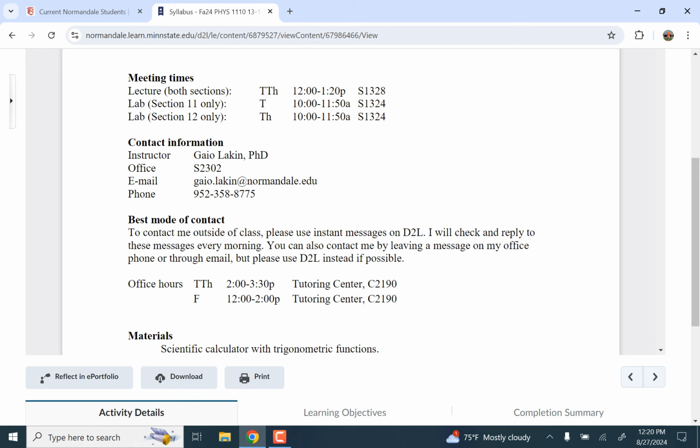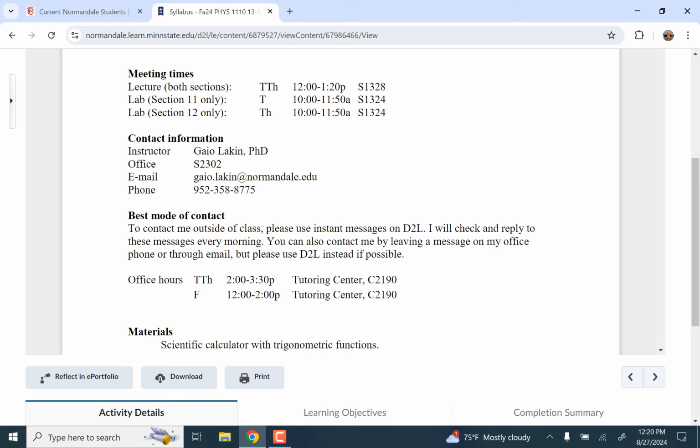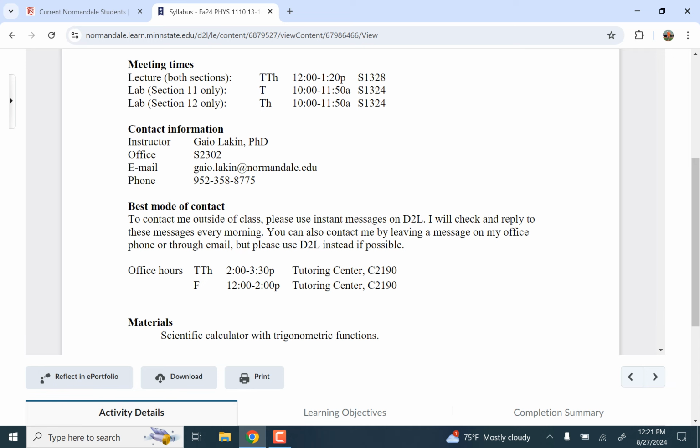There are 3 ways you can get a hold of me. You can email, you can call this phone, although you just leave a message and I'd get an email that you left a message and then I'd call you back. But the best way to get a hold of me is the instant messenger on D2L. Let me show you where that is.